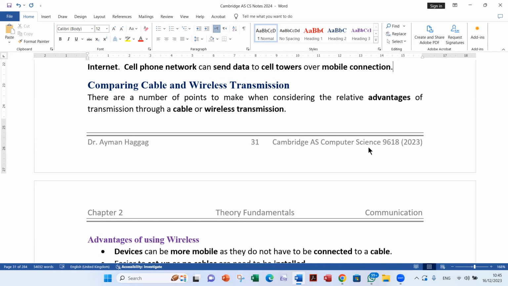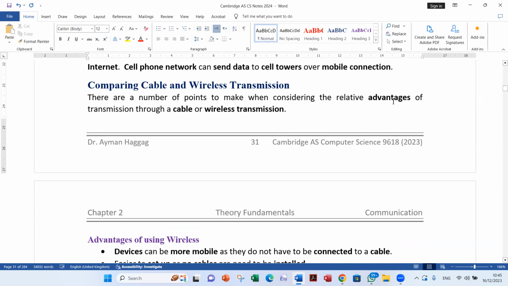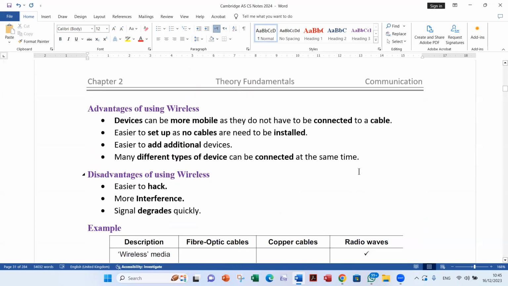So here we have advantages and disadvantages between cable or wired in general and wireless, that is radio signals in general. There are a number of points to make. Consider relative advantages and disadvantages.